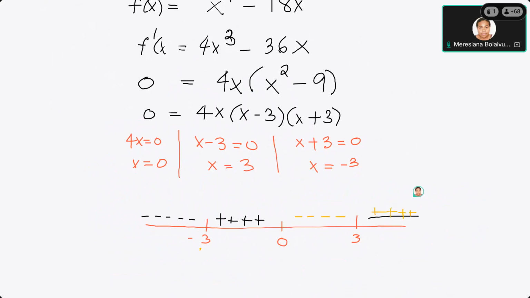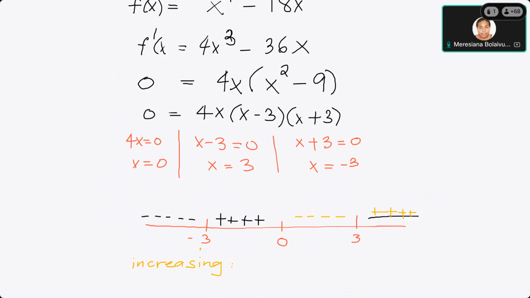So how many intervals are positive, or increasing? 2 intervals are increasing. Can you give me the interval in mathematical terms? In English, between minus 3 and 0.